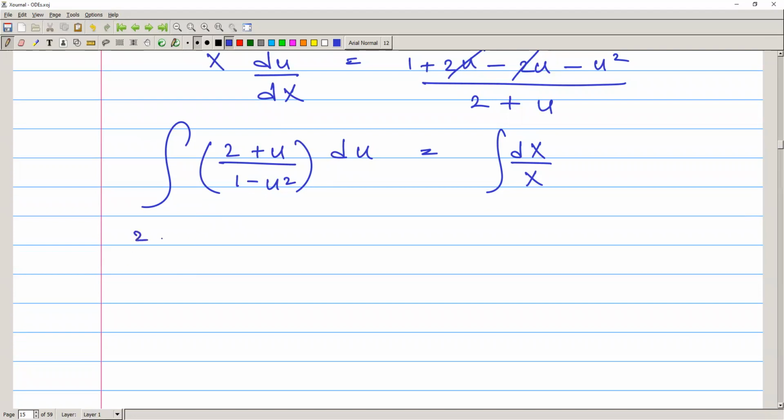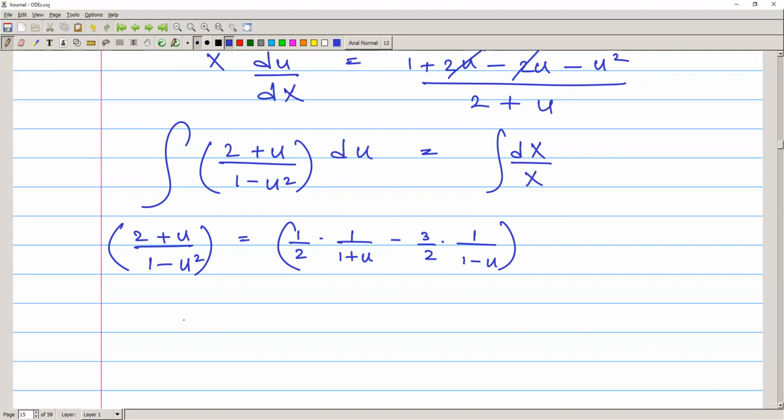So if we make partial fractions of this equation, I will assume here that you know how to solve the partial fractions. So it will be 1 over 2 times 1 over (1 plus u) minus 3 over 2 times 1 over (1 minus u), right?